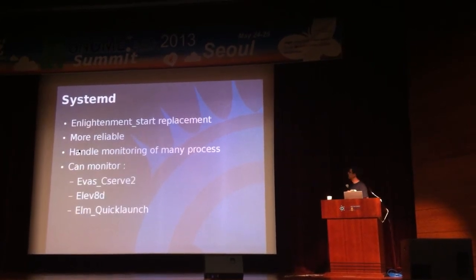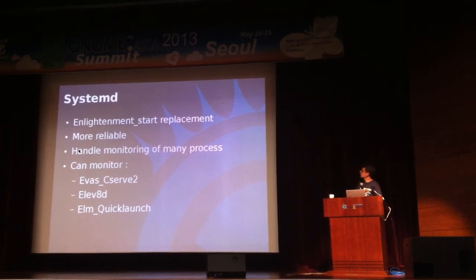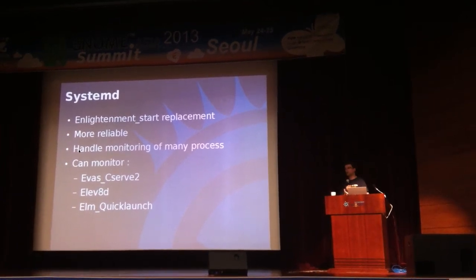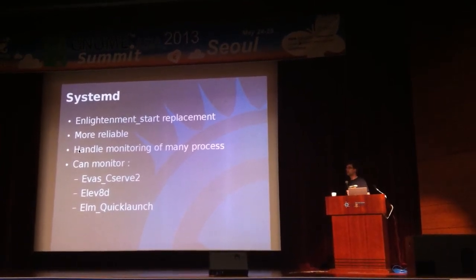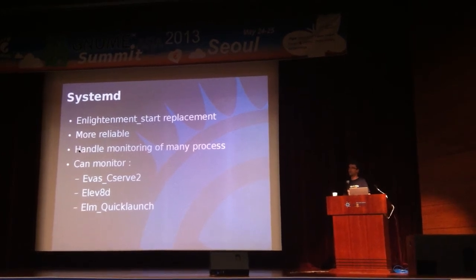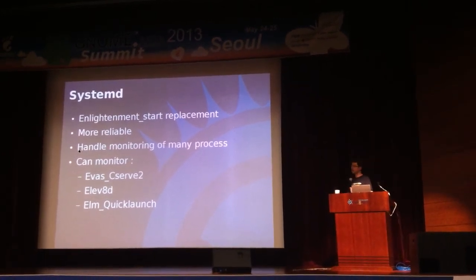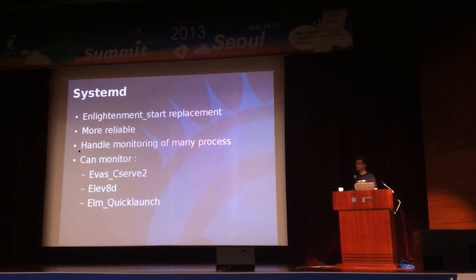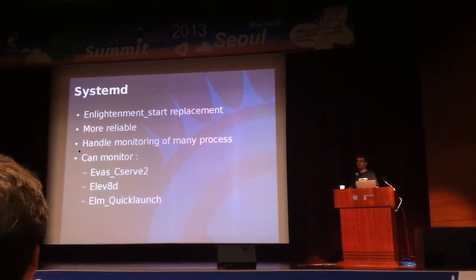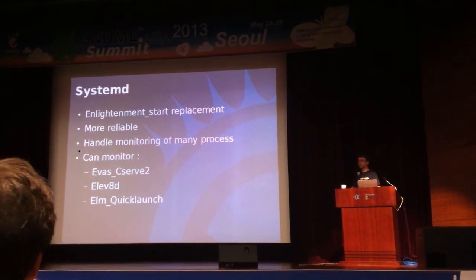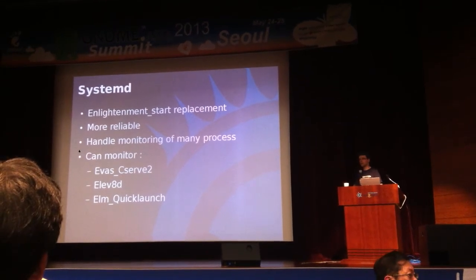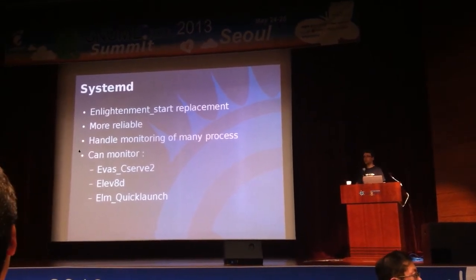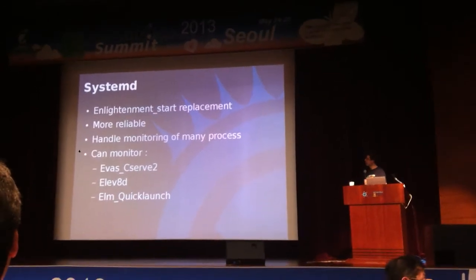I'm very late. So we have also started to integrate with systemd. Basically, the reason is that we already had a script that was monitoring Enlightenment and restarting a few daemons. And all this was not really reliable. It used ptrace, some shortcuts we were taking, because there was not really a portable way to do it.